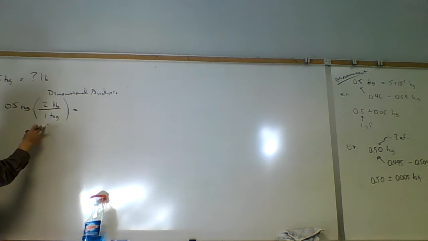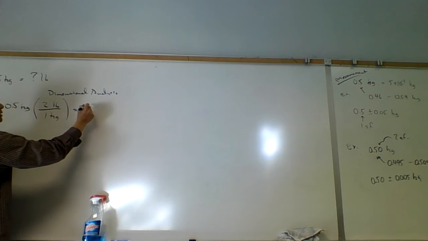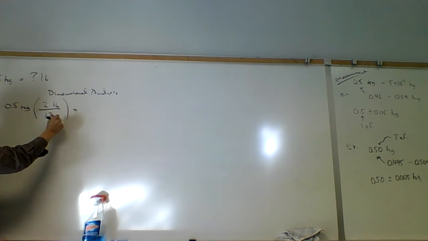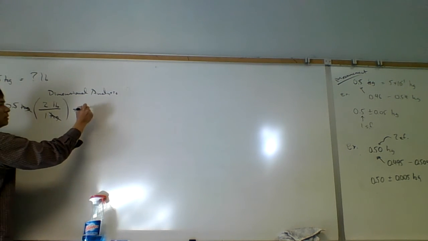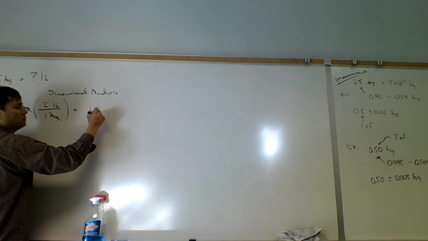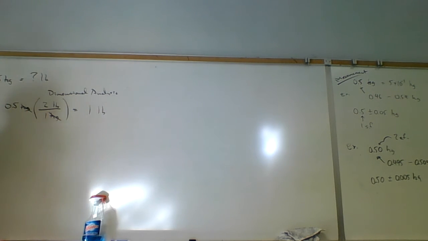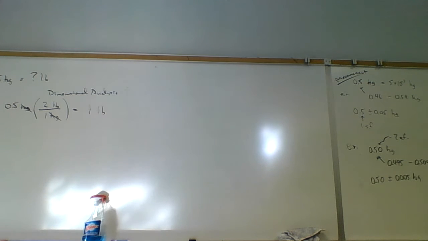The way dimensional analysis works is kilograms cancel each other, and we end up with 1 pound. So I just owe you 1 pound. Is that good? That's good, isn't it? Because 1 pound is the same thing as half a kilogram, right?